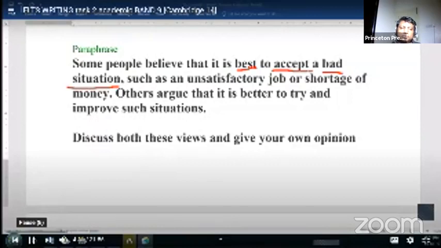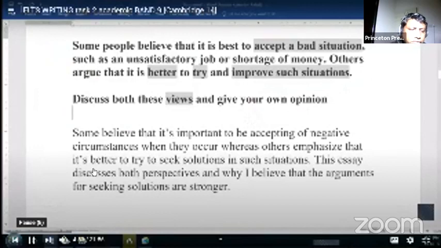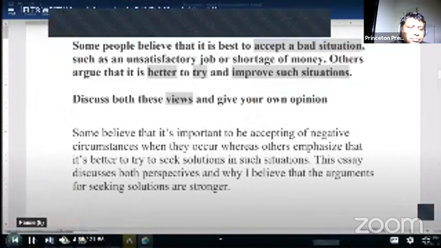Others argue that it is better to try and improve such situations. Okay, so these are the key words that we want to be paraphrasing in our introduction, and also these are the key words, these tell us what the topic is about. Okay, so let's see how to paraphrase some of these key words.